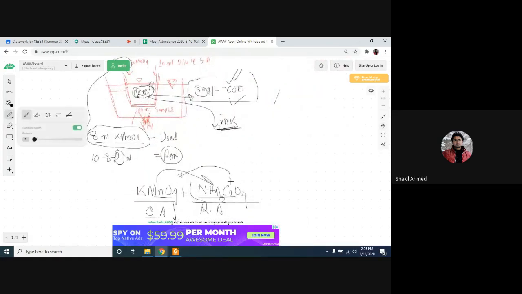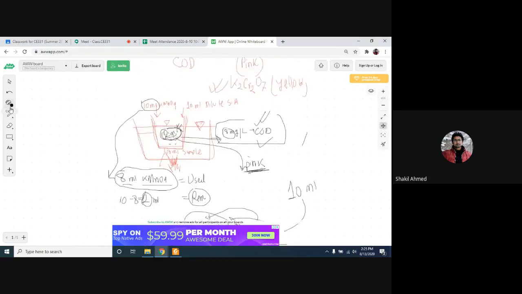Now, if you add 10 ml of ammonium oxalate here, what would happen?